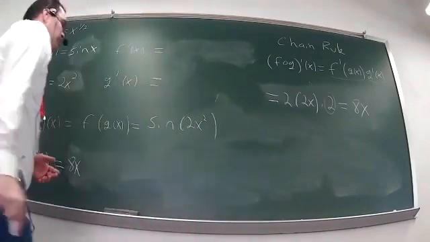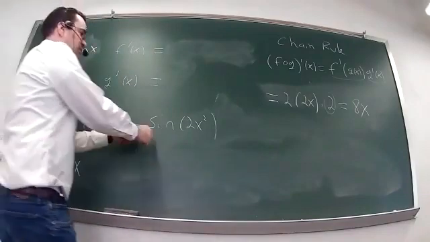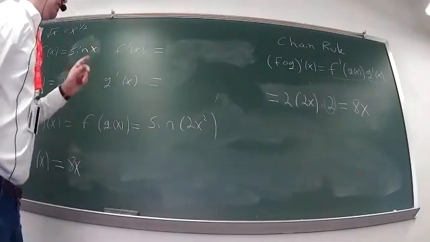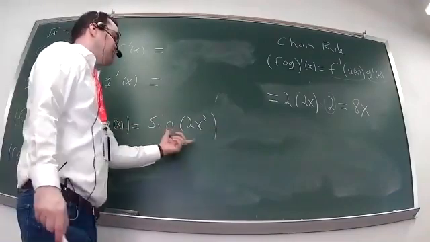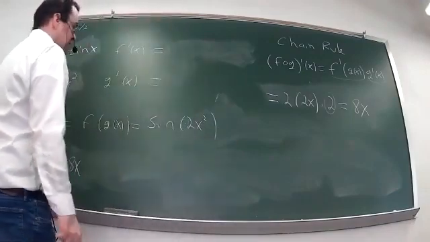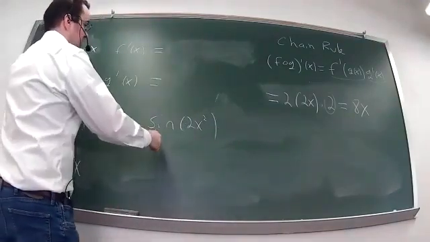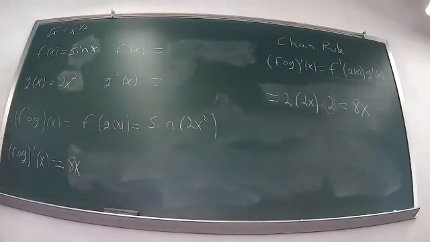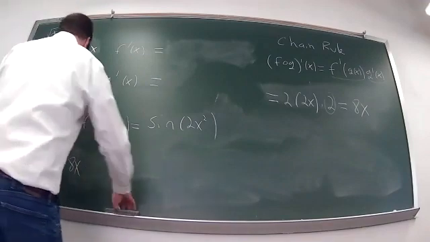On homework or a test or something, you'll just be presented with a function like this and told to take the derivative. So you'll need to be able to identify for yourself that this is a composition of functions. You'll need to identify for yourself f of x as sine of x, g of x as 2x squared. And then you'll need to remember the statement of the chain rule. So you'll need to put those pieces together when you're doing this.